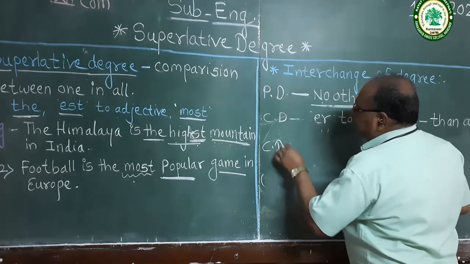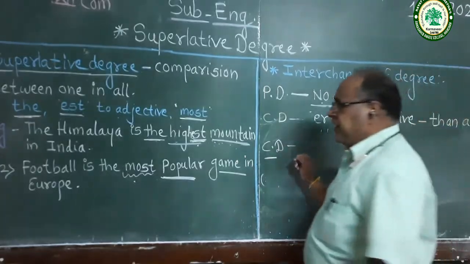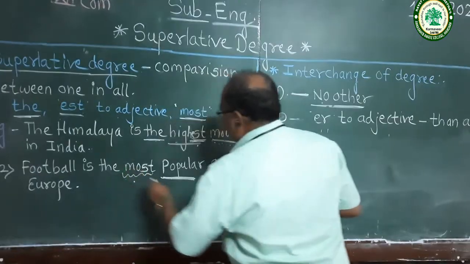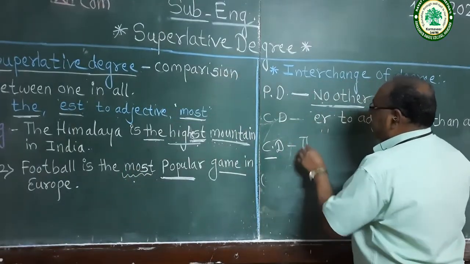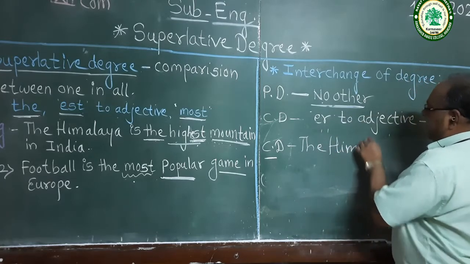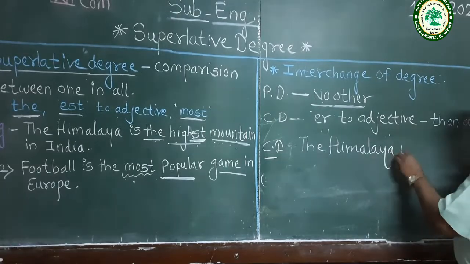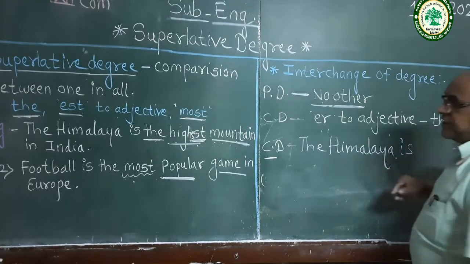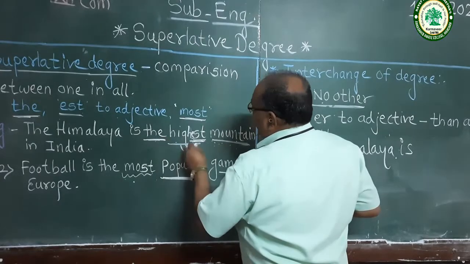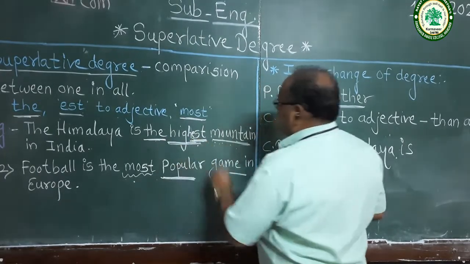While transforming superlative degree into comparative degree, begin the sentence with the same subject. Take an example of the same sentence, the Himalaya. The Himalaya. Use the same form of "to be", "is". Remove the definite article "the", remove the suffix "est" and use "er" with the adjective.